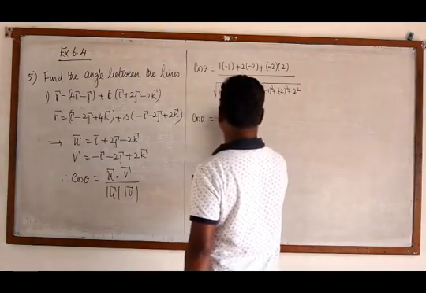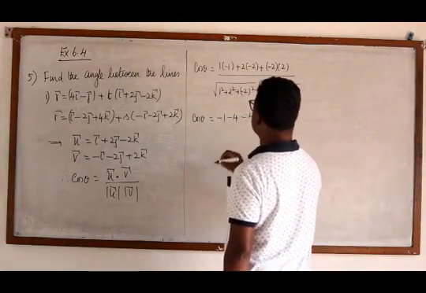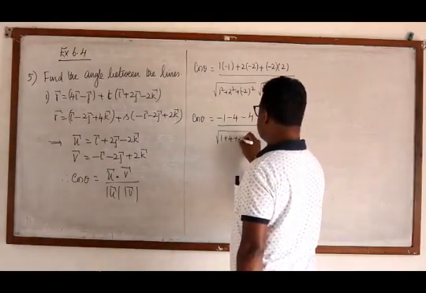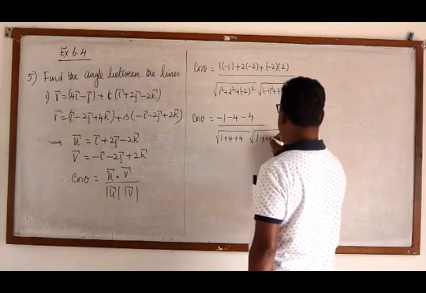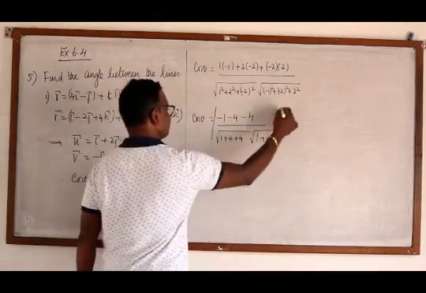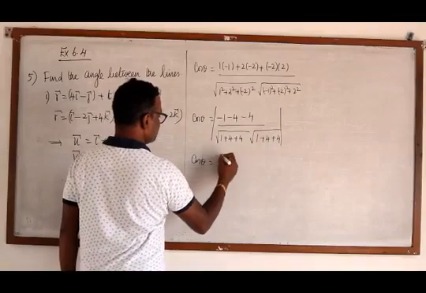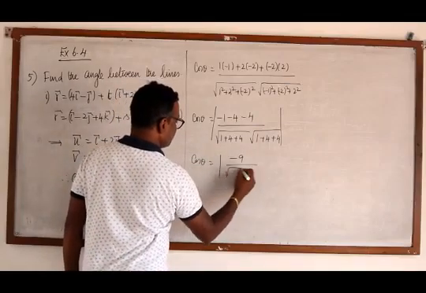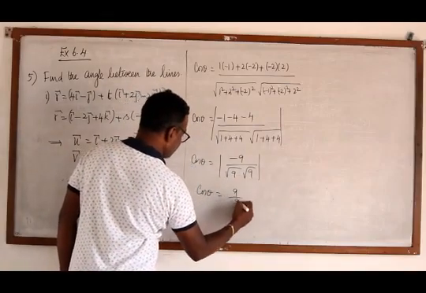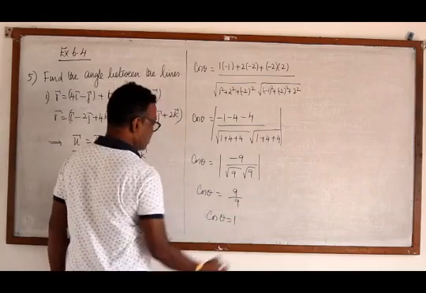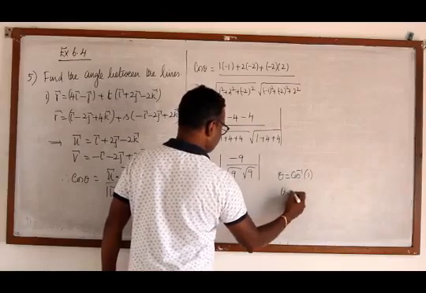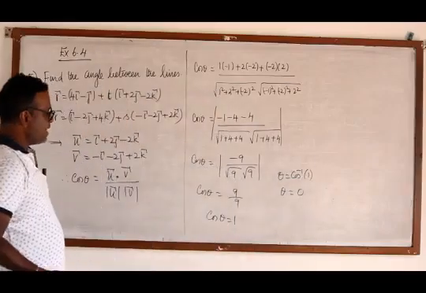Therefore, cos theta is minus 1 minus 4 minus 4 by root of 1 plus 4 plus 4, and this also 1 plus 4 plus 4. Since everything is becoming negative, minus 9 by root 9 into root 9. So cos theta equal to 9 by 9. Cos theta equal to 1. Then theta equal to cos inverse of 1. Therefore theta equal to 0. That means the lines are parallel.